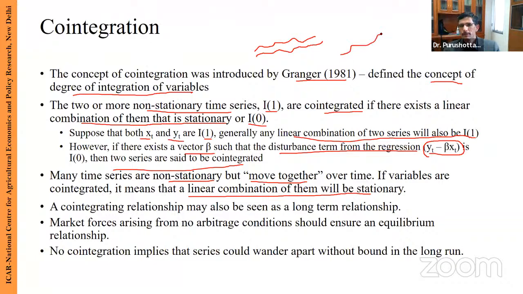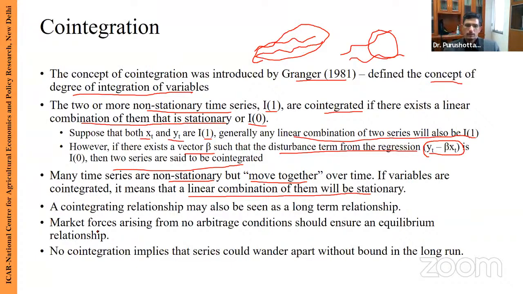And suppose this one is drifting away, and there is very little integration in this kind of series, while this type of series is co-integrated, as they move together or co-move over time.